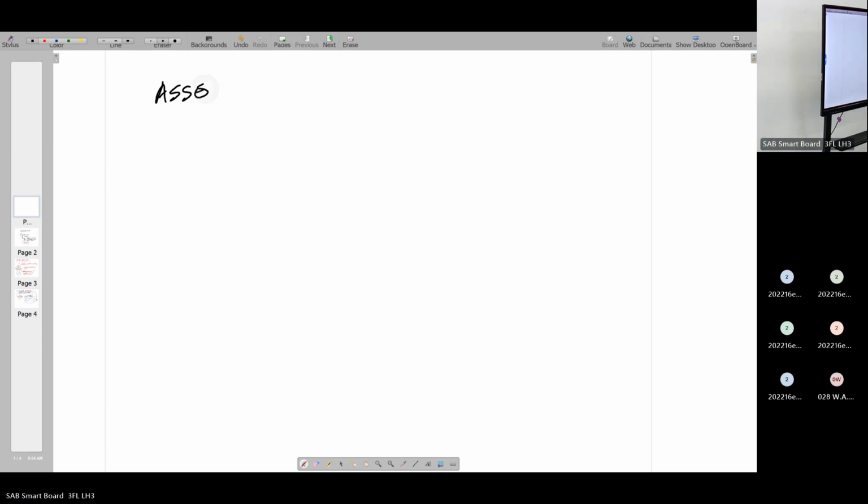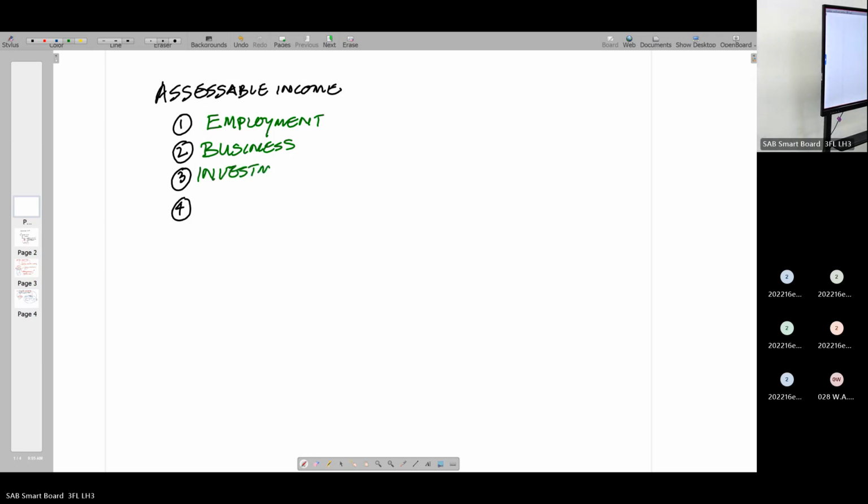Assessable income would be from sources: employment, business, investment, and other source.